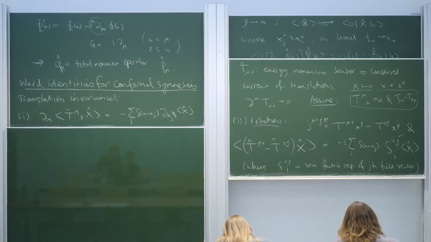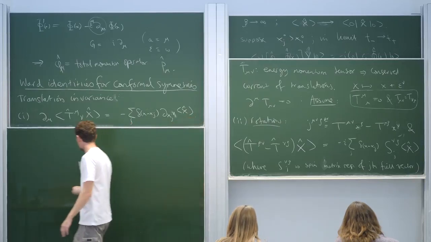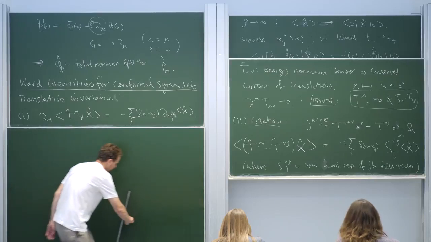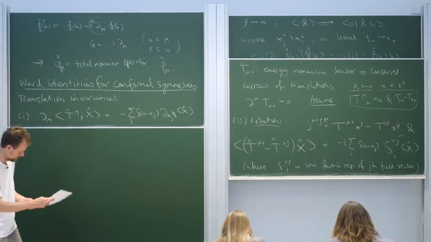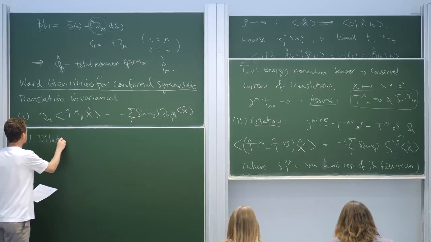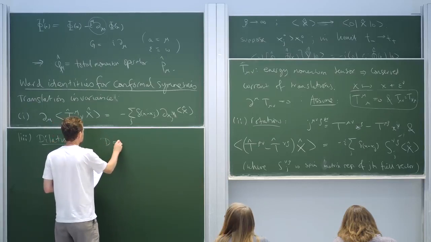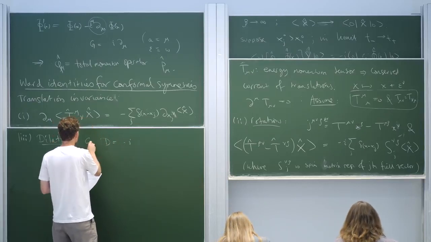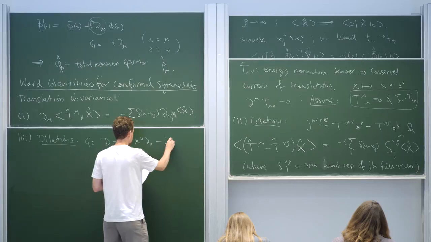So, the final Ward identity pertains to dilations. You can go ahead and check. Final exercise. What happens under dilations? Well, the generator of dilations, the G, is that thing there.